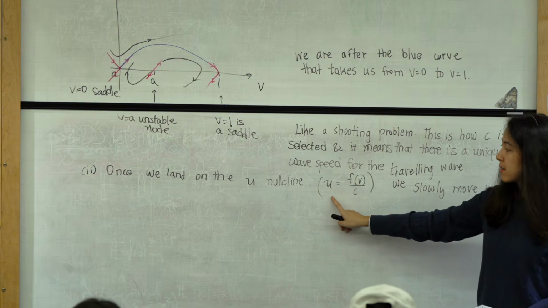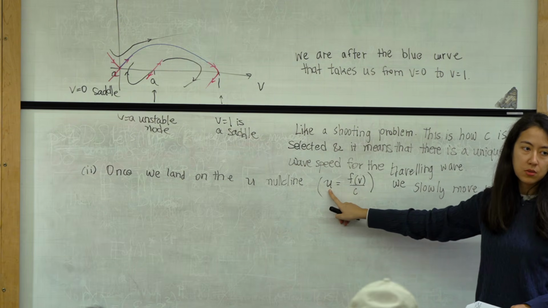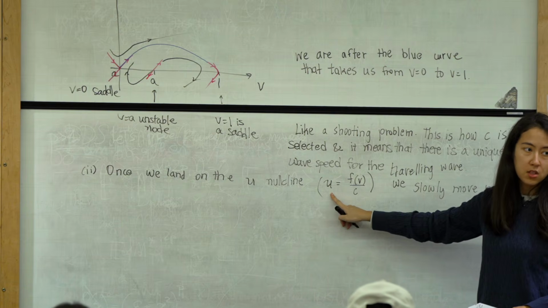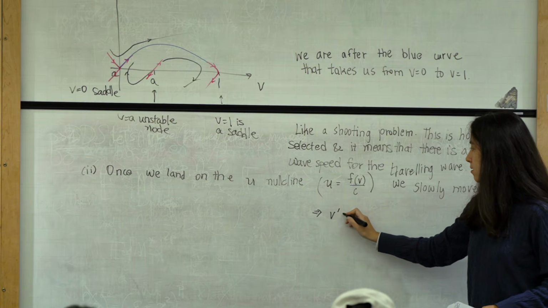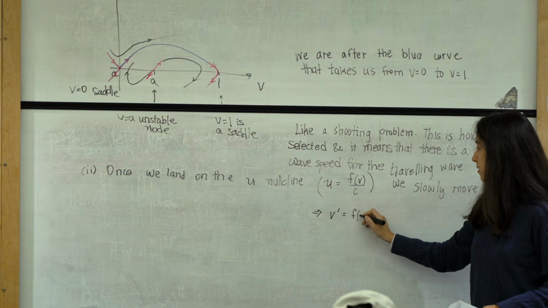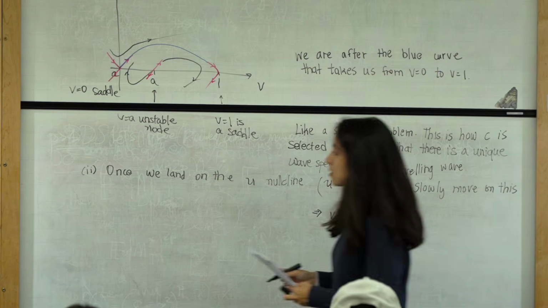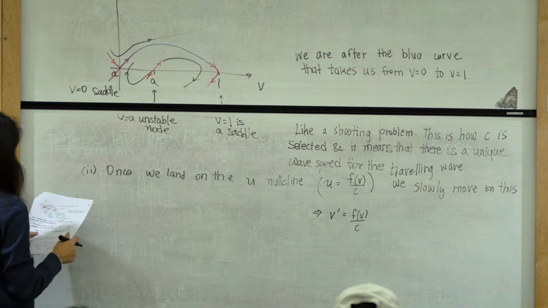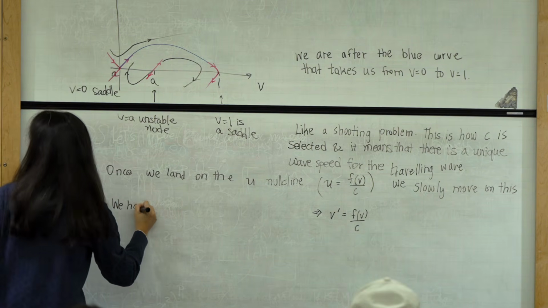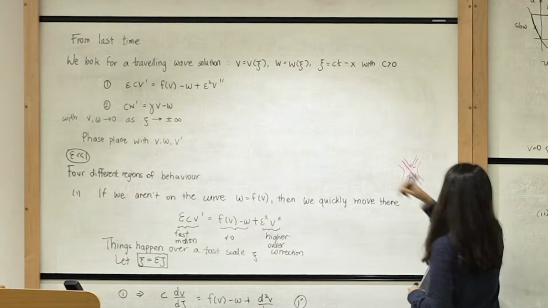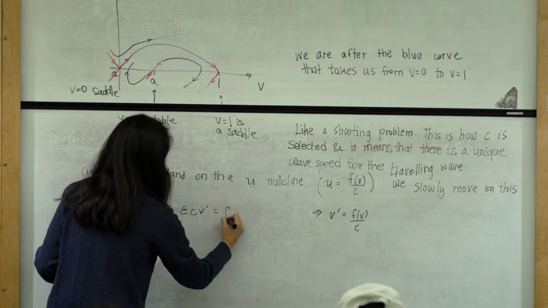So also remember that I set U equal to dv in this zeta. So this is the same as writing v prime is equal to f of v divided by c. So I can go into the original 2 equations that I had written, and basically what we have, I'm talking about that equation over there, is going to give me the following.